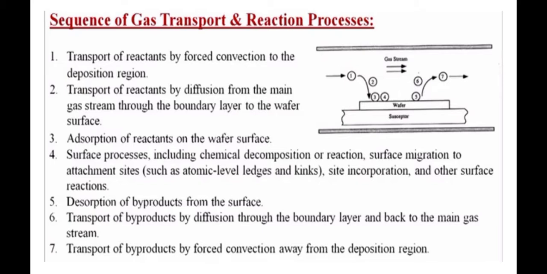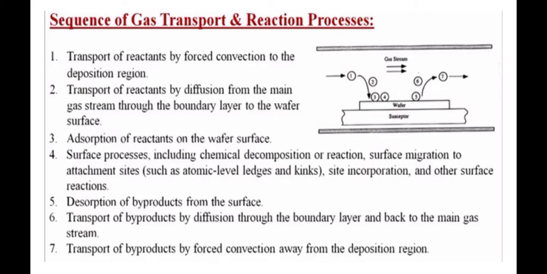The adsorption process of the reactant on the wafer surface includes chemical deposition or reactions, surface migration to attachment sites such as atomic-level ledges, kink-site incorporation, and all the surface reactions. This means there may be certain kinds of holes or scratches, by which we can do the modification.